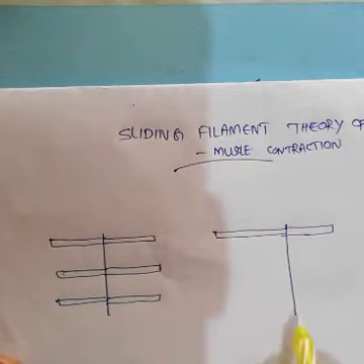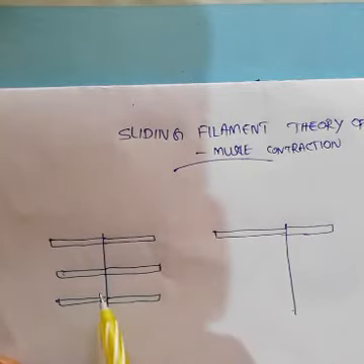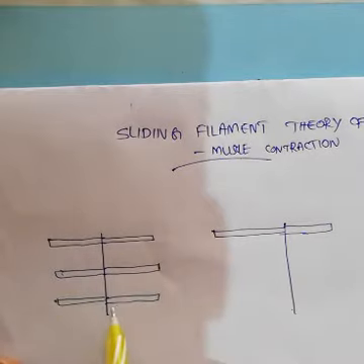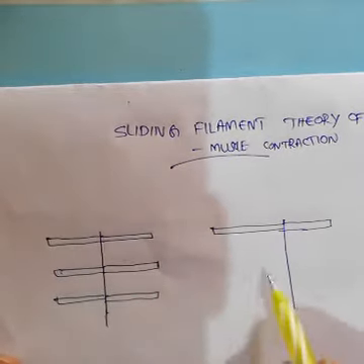So these are the two Z lines we are taking, and we can observe actin filaments on both sides of each Z line.